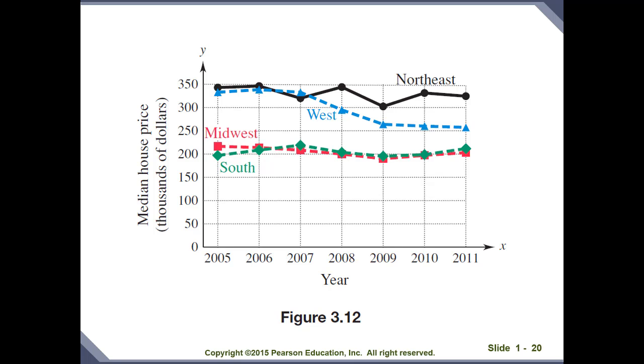So one question we might ask is, how do prices in the West compare with those in the Midwest over this period? And we could see that at the start of the period, prices in the West were a little more than $100,000 more on average than they were in the Midwest.